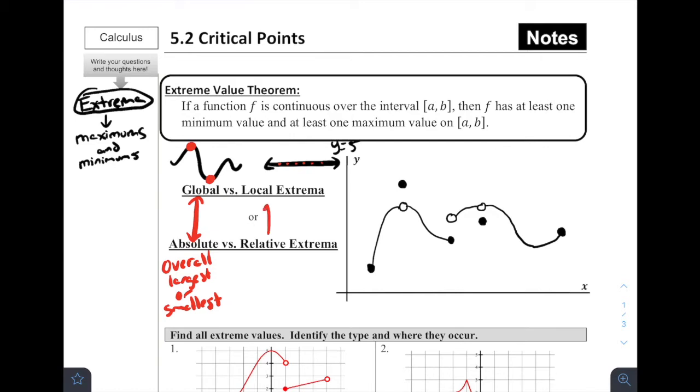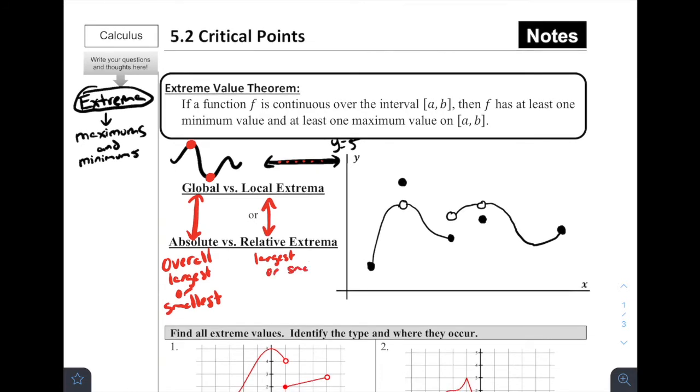Local or relative extrema, those are synonymous. That means that it is largest or smallest, but just in an area. So largest or smallest in, I'll put in quotes, a local area. So it is just higher or lower than the values that are really close to it.